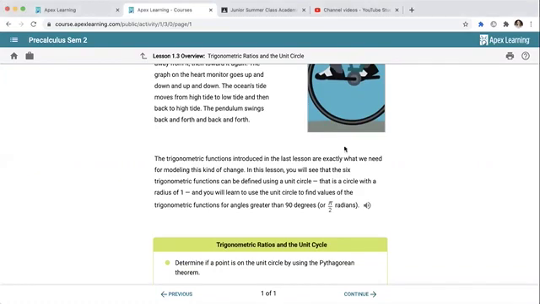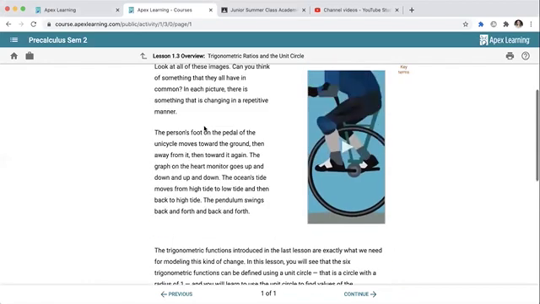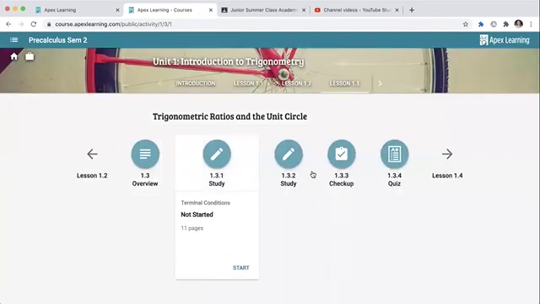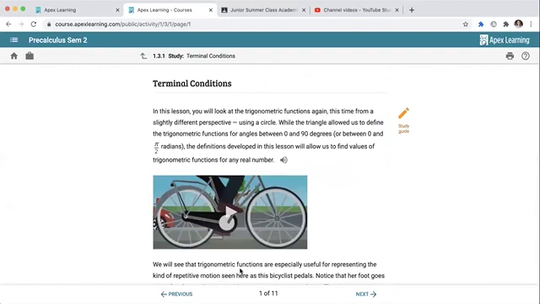We call it 2 pi radians. We were able to do some basic calculations to figure out, if this is my angle, this is my arc length. Now we're going to look at the unit circle, which is specifically a circle with a radius of 1.